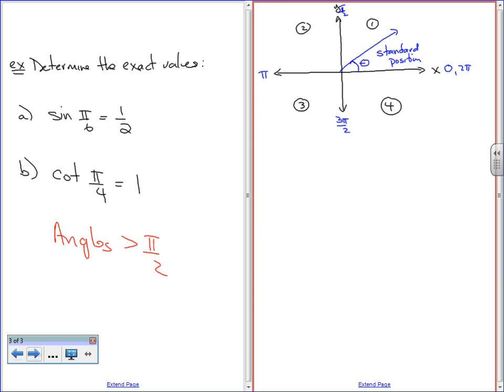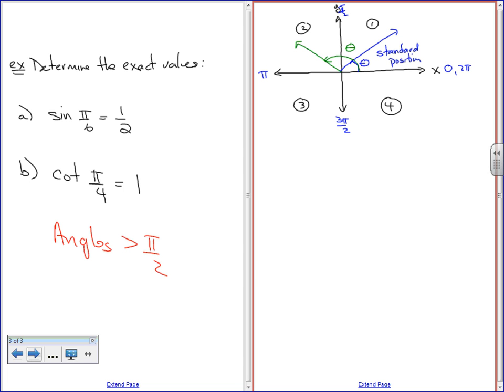If they're in the second, third, or fourth quadrant, so if I take an angle in standard position, say it's here in quadrant 2, then this angle here, the green one, is my angle in standard position. But it's going to be greater than 90 degrees and greater than pi over 2 radians, so it's no longer in my special triangles.